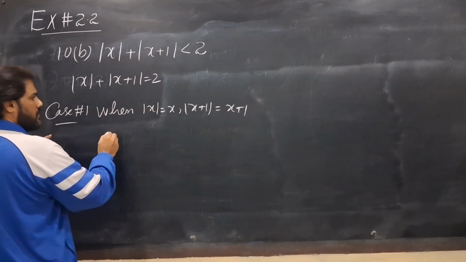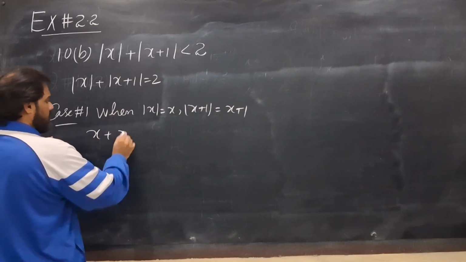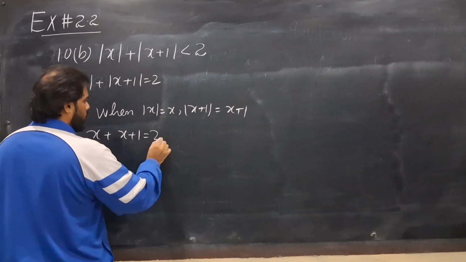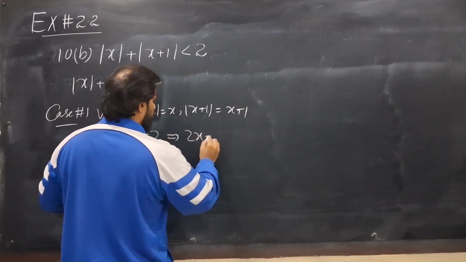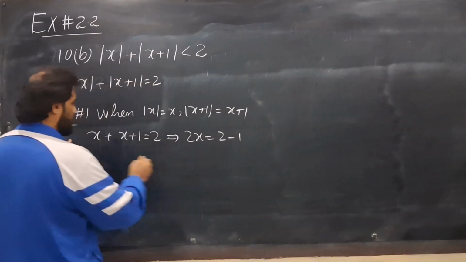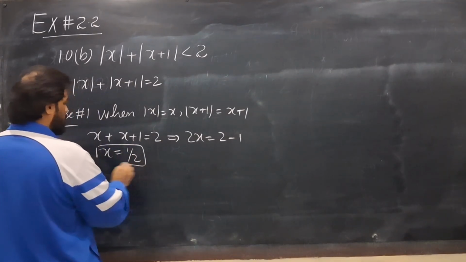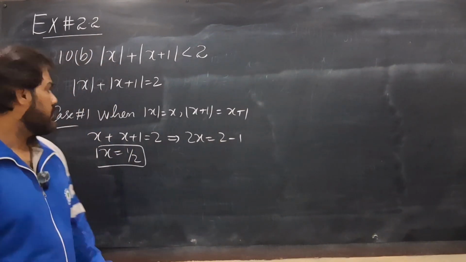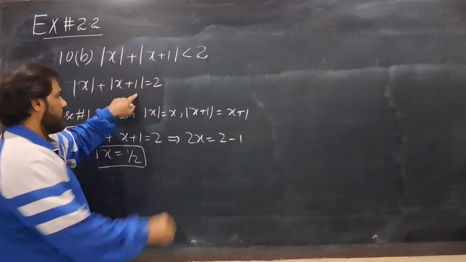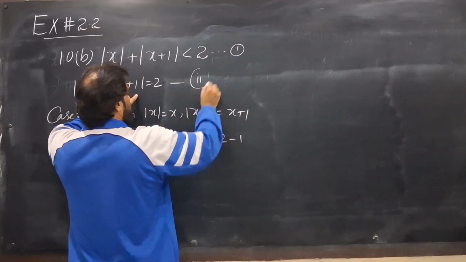This gives us x plus x plus 1 equal to 2, which is 2x plus 1 equal to 2, so 2x equals 2 minus 1, and x is equal to 1 over 2. So this is the boundary point, boundary number for this equation. Say this is my inequality number 1, this is my equation number 2.